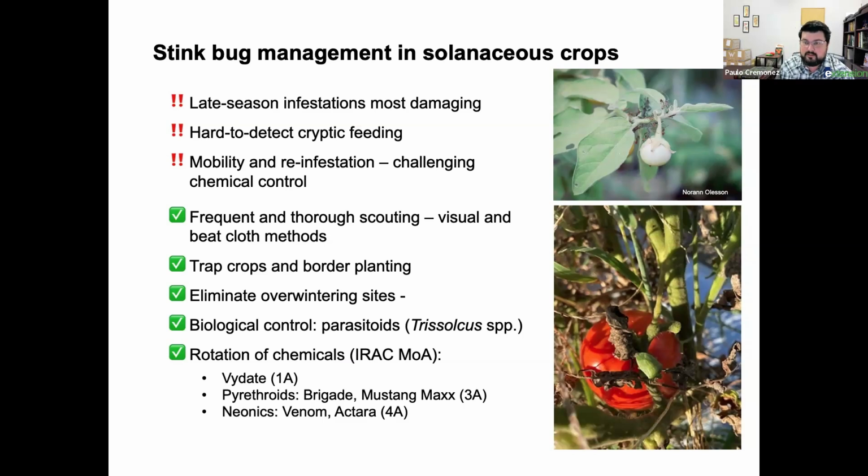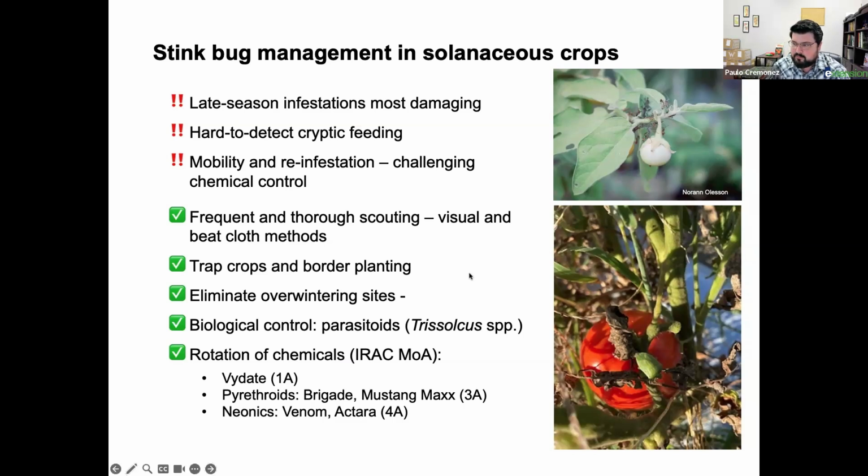So once your plants are tall enough, you can just lay out a black cloth or a white cloth in between the rows, beat the plants, and if you see a consistent amount of stink bugs, like 2 to 5 stink bugs per beating, then you have your action, decision-making action. So you use a low risk method like insecticides.